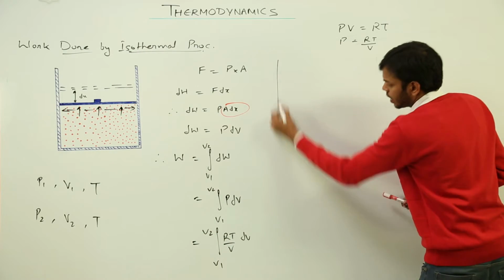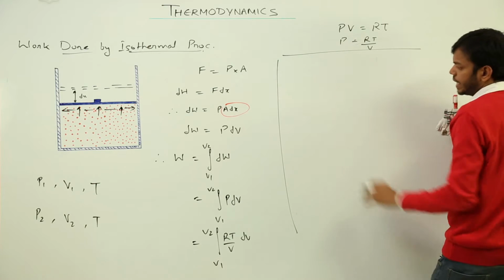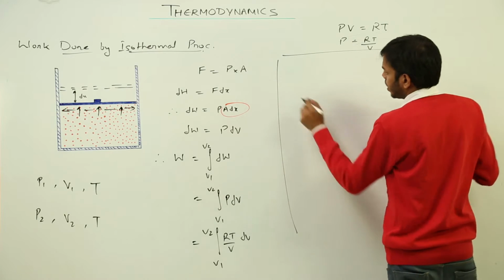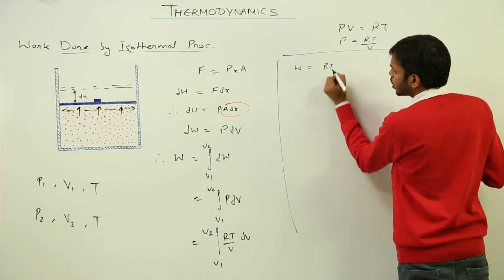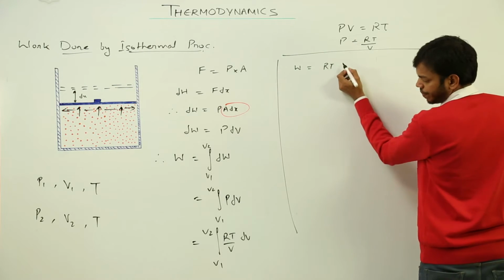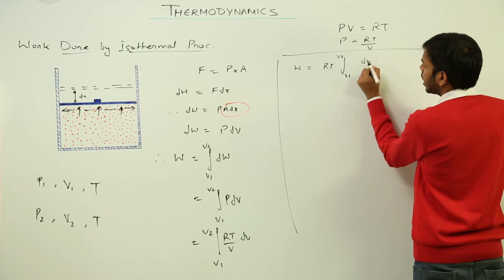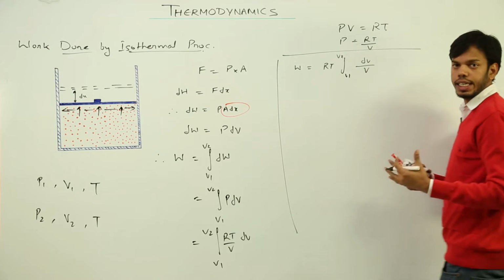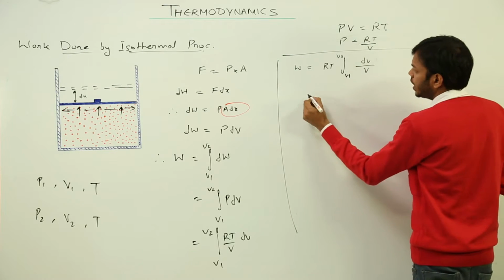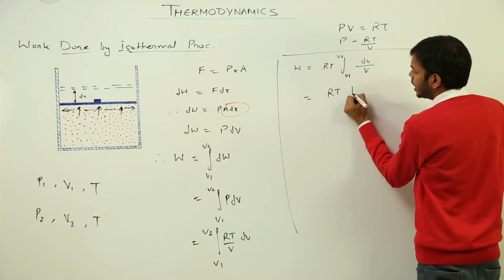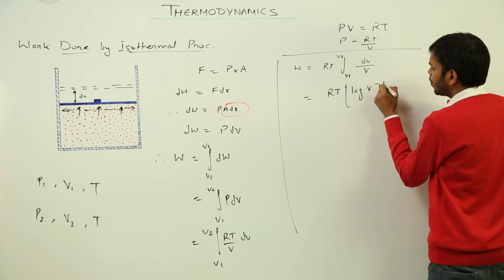Alright. Moving on further, for the total work done, R and T are constants, so they come out of the integration. I am left with the integral from V1 to V2 of dV upon V. What is the integral of 1 upon x dx? It is log x. So this will become RT log V from V1 to V2.